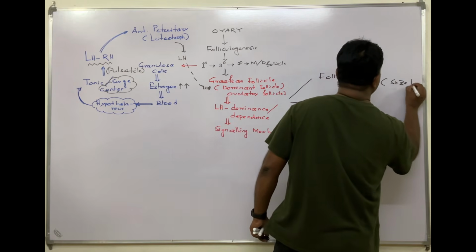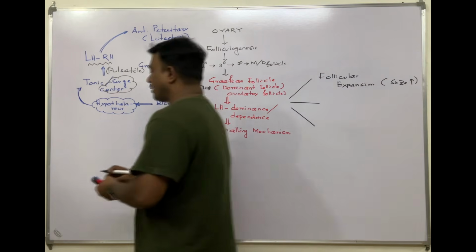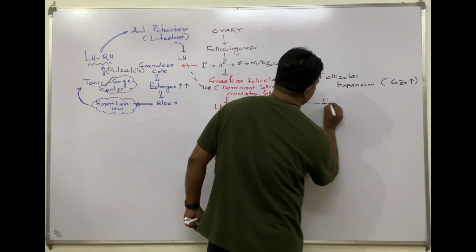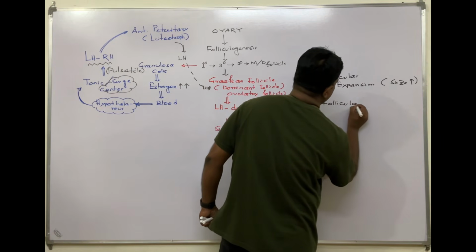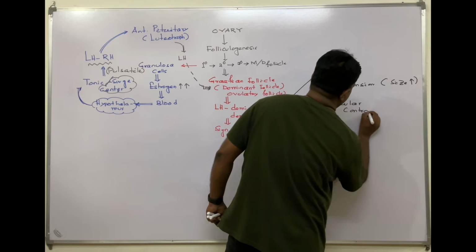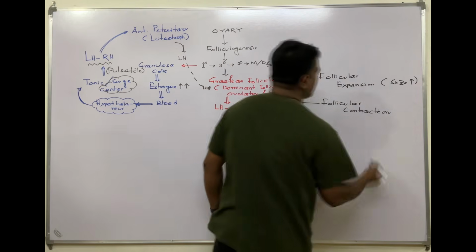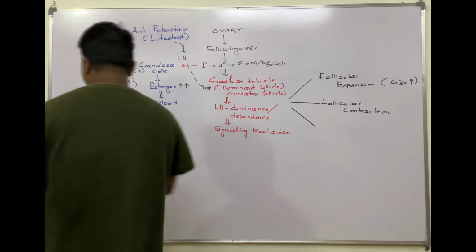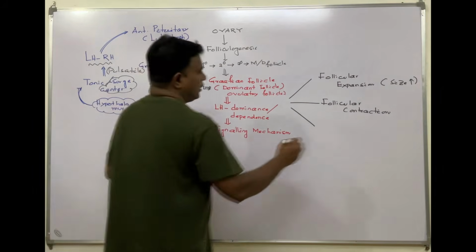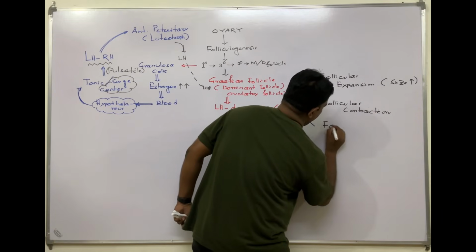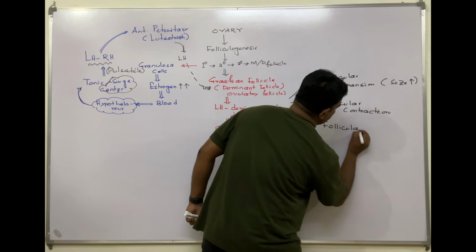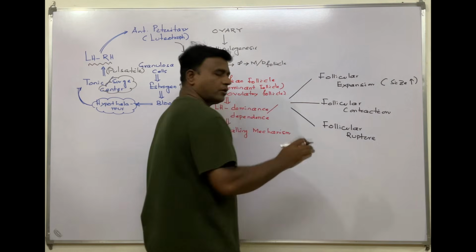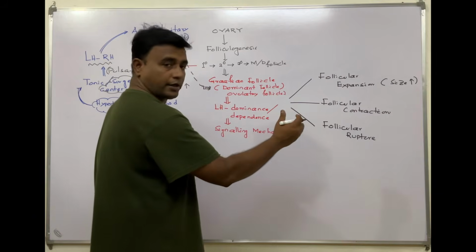We will discuss why, how and what are the mechanisms. Then the second one is follicular contraction: how the follicle contracts, what are the agents which cause the contraction of the follicle. And the third point is known as follicular rupture. That means the egg or the oocyte is released outside.